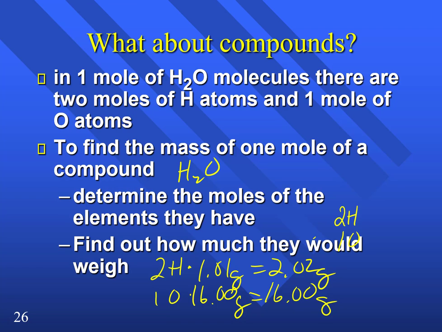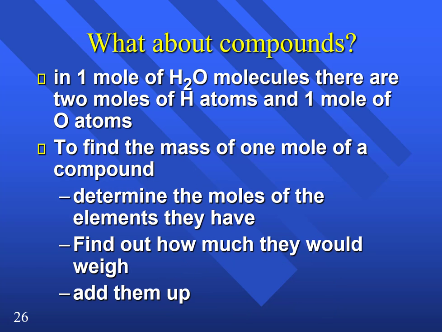So all I did was look at the subscripts, look at the periodic table. And then, how much does the whole thing weigh? Well, add them up. 2.02 grams plus 16.00 grams is 18.02 grams. So if I had 18.02 grams of water, that would be a mole of water, which would be 6.02 times 10 to the 23rd molecules of water.